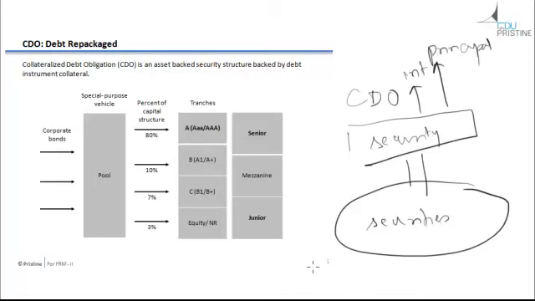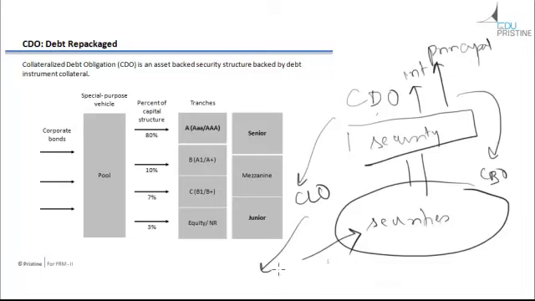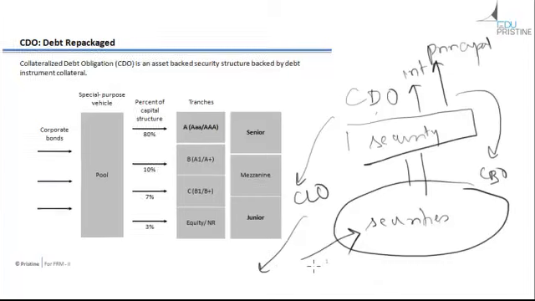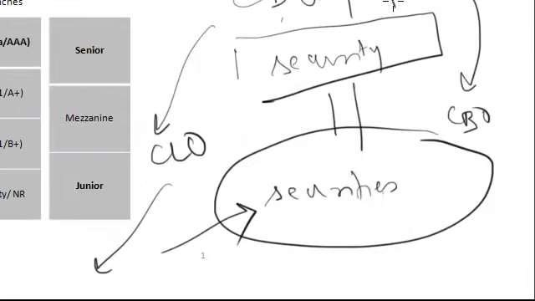Depending upon what the underlying pool consists of, the CDO would be classified as a CLO or a CBO. A CLO is a collateralized loan obligation, in case the underlying pool consists of loans. It would be called a CBO in case the underlying pool consists of a series of bonds.